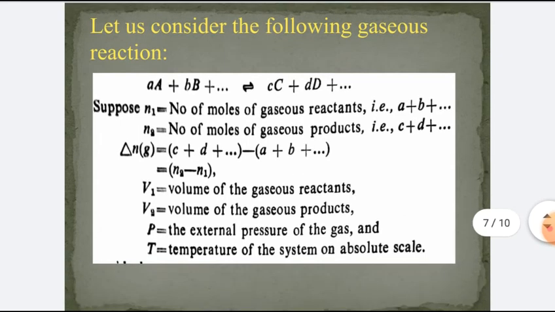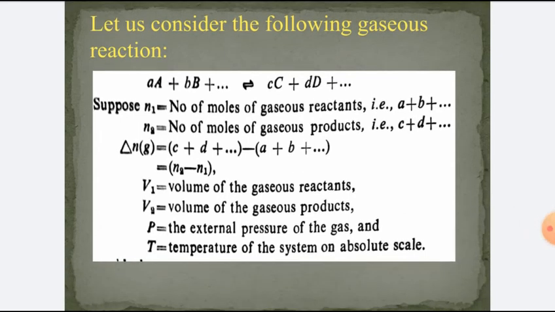Let us consider the following gaseous reaction in which n1 moles of gaseous reactants A and B give n2 moles of gaseous products C and D. V1 and V2 are the volumes of gaseous reactants and gaseous products respectively, and P is the external pressure of the gas. T denotes the temperature of the system on the absolute scale.